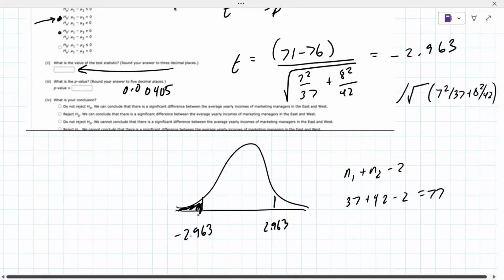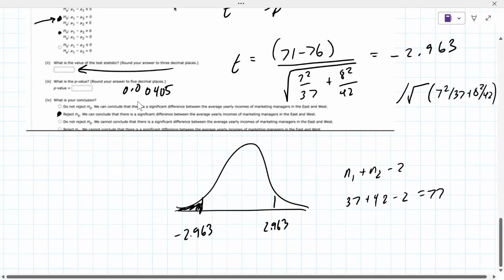Regardless, it will be a reject. We can conclude... Oh, okay, I see. Well, it says 5 decimal places, so 0.0405.